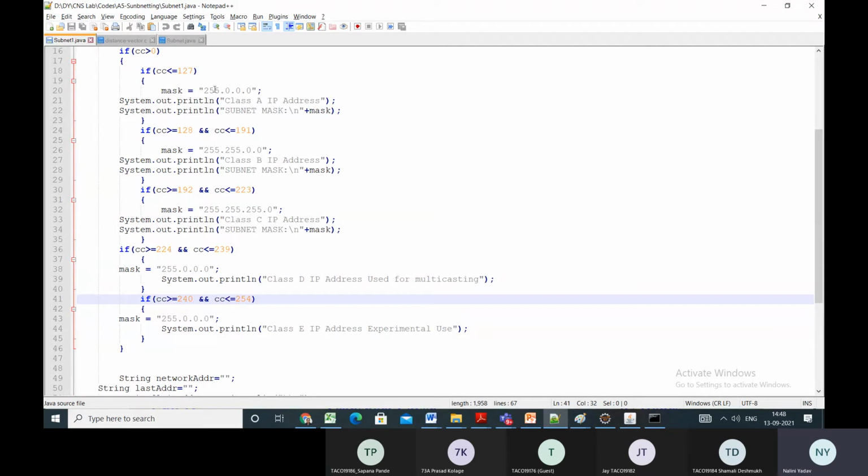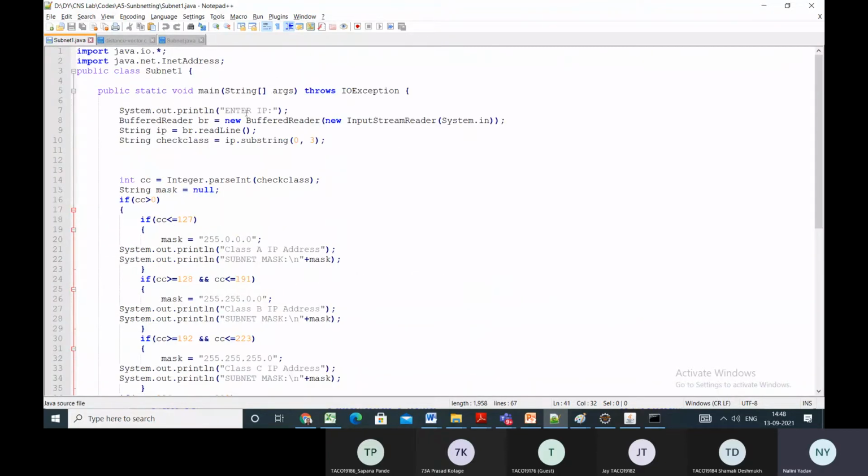I hope you all know that these are the ranges of the classes which we have already seen. In classful addressing, we have classes A, B, C, D, E, and the ranges of these classes are predefined. The first byte of my IP address decides the class for that IP address.